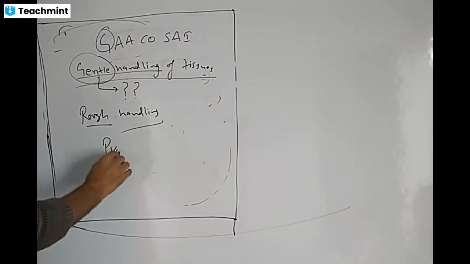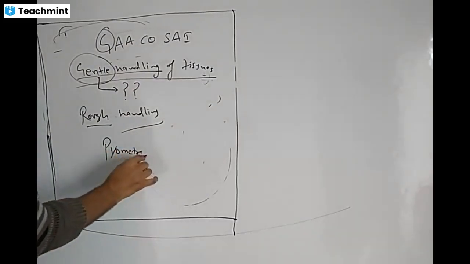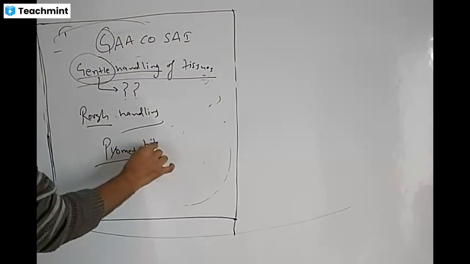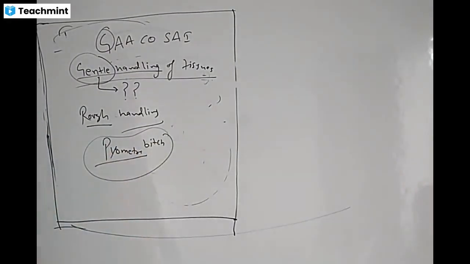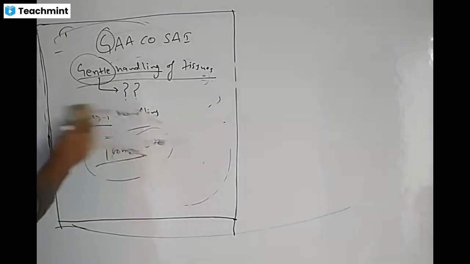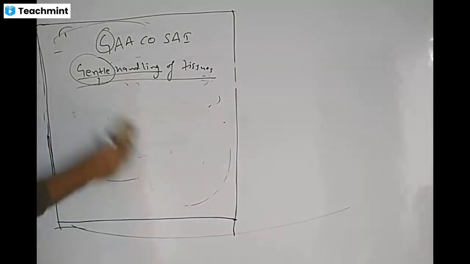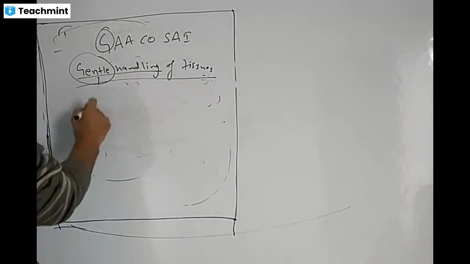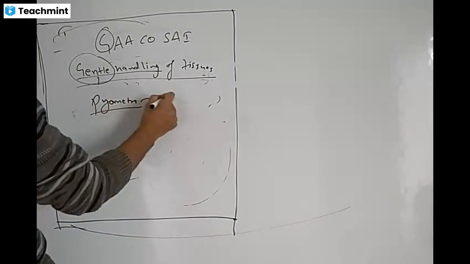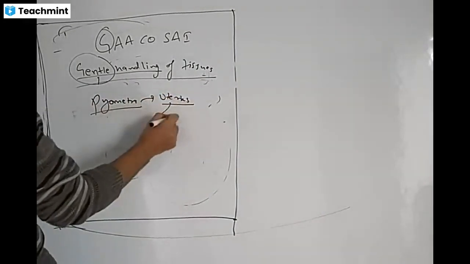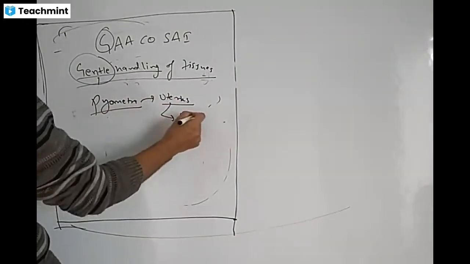For example, there is a case of pyometra in a bitch. As we know, in case of pyometra, the wall of the uterus becomes fragile.